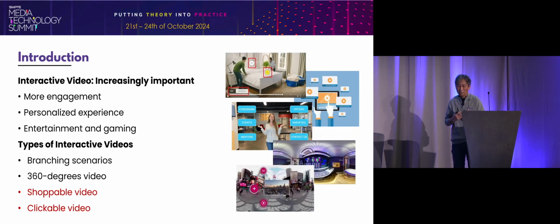There's branching scenario, where if you click something, it will branch out to different scenarios, so depending on what you did, you will go through a different scenario. Or, as you already know, 360 degrees video is also popular. And there's shoppable video and clickable video. These are the things that I'm going to talk about.